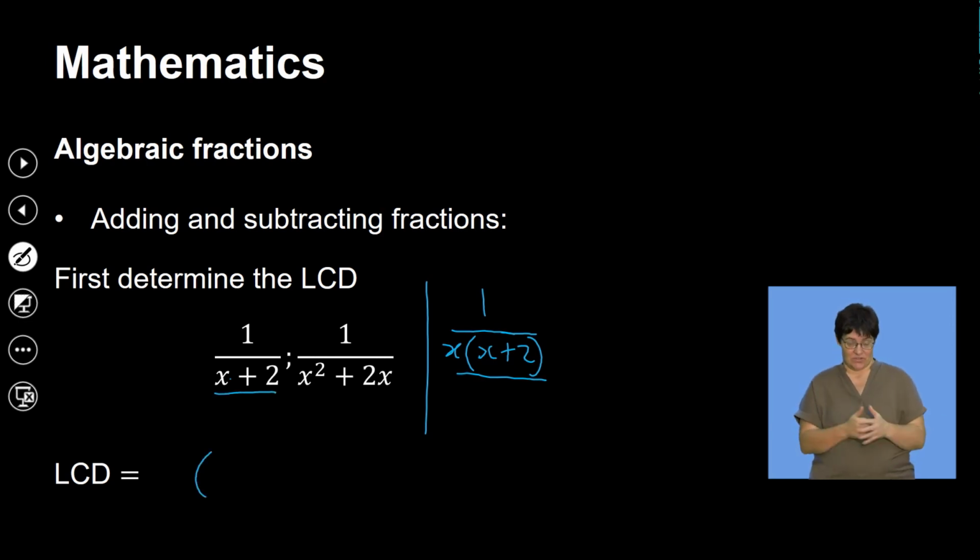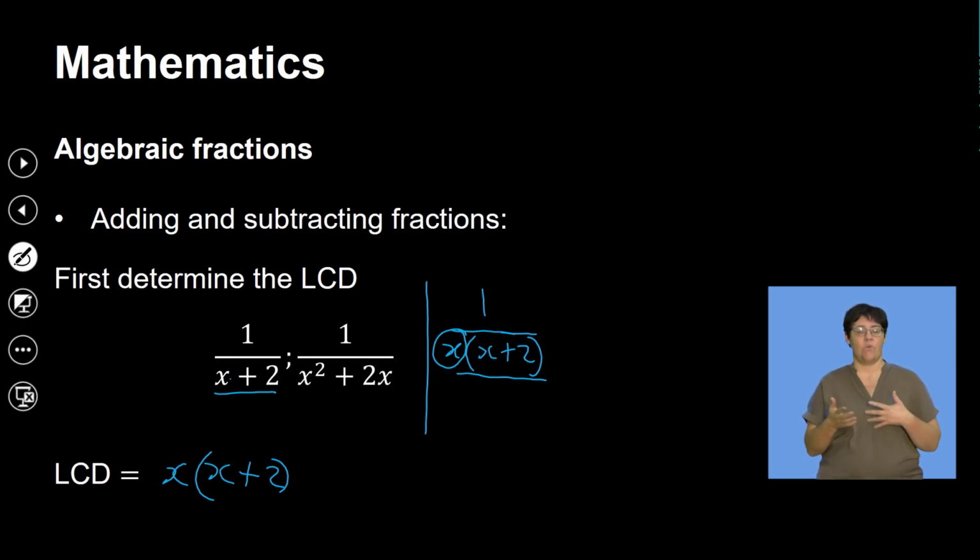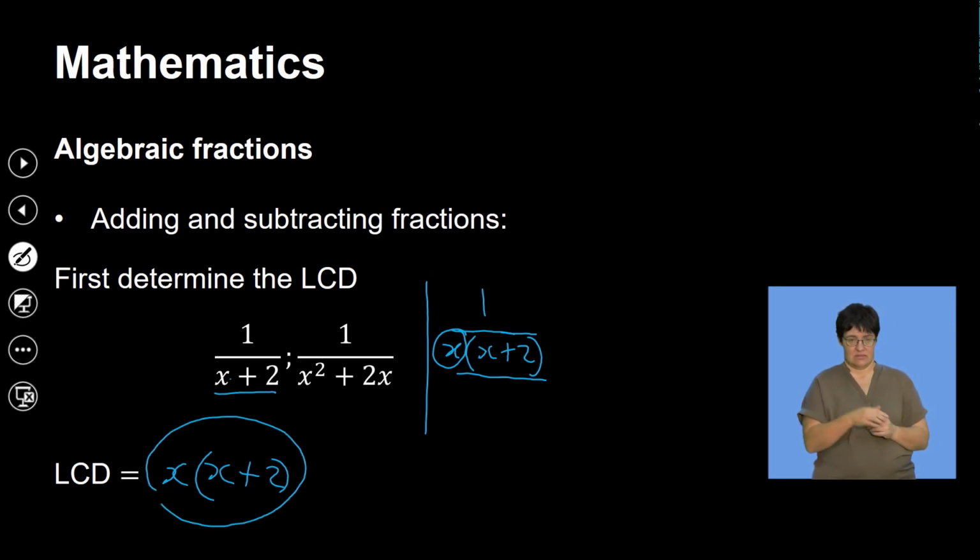So I already have x plus 2 as my lowest common denominator. And then I also need x there. So it becomes x out there. Then you will multiply each term by whatever factor that you must multiply it by in order to get that denominator that I have there.